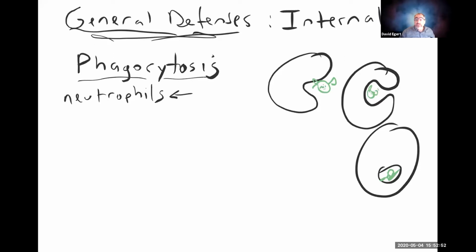Injured cells actually release chemical messengers that tell the body there's a problem here. Your bone marrow is going to totally start upping production of neutrophils. So more neutrophils are flowing in your bloodstream and they're leaving the bloodstream into the tissues. Again, that pus, when you have some infection, a lot of it is dead and dying neutrophils along with all of the other tissue and bacteria and stuff.